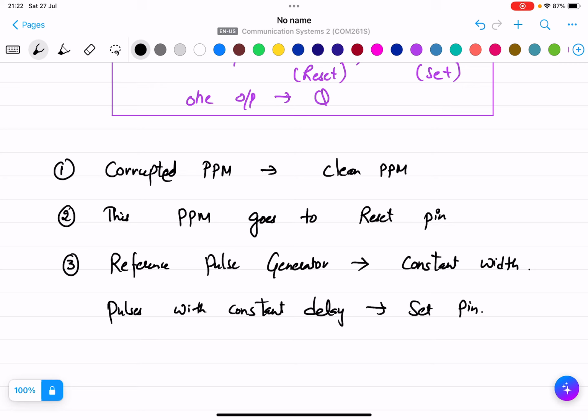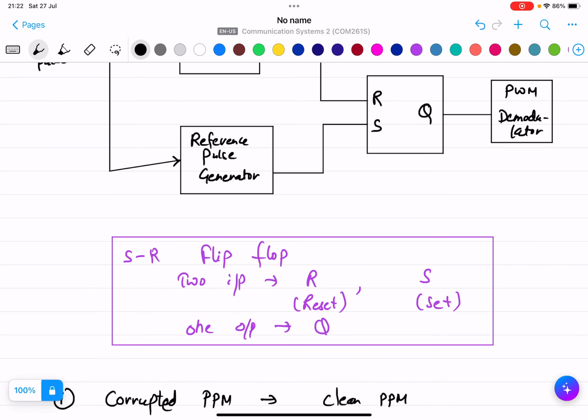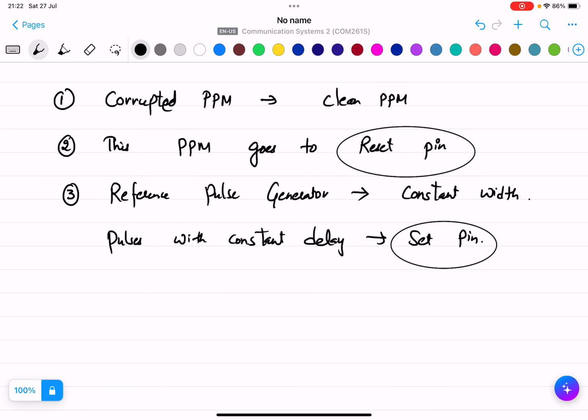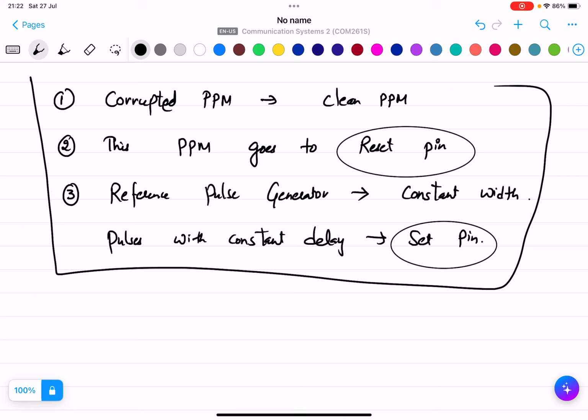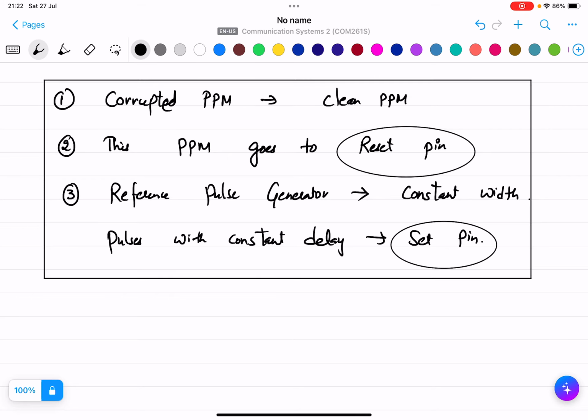So on the reset pin the PPM goes, and on the set pin pulses with constant delay go. After that, the output goes to the PWM demodulator and it gives the correct x(t). So this is the explanation.